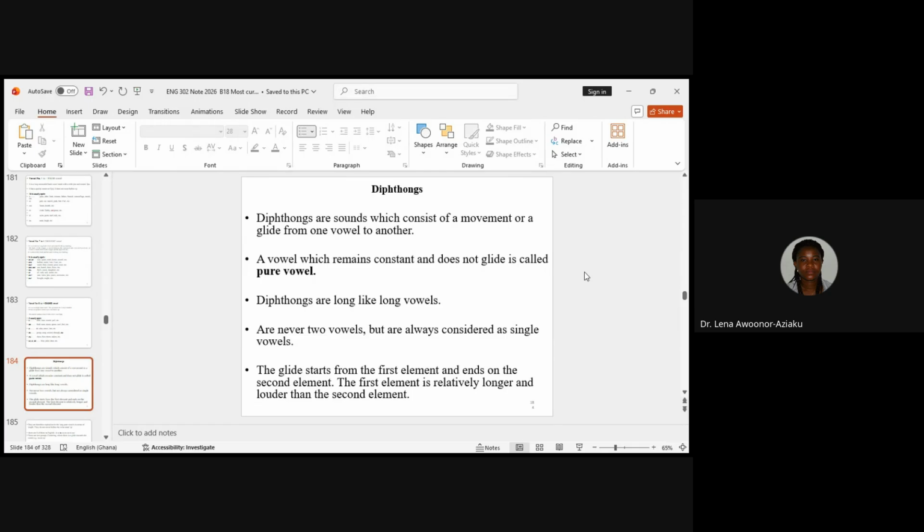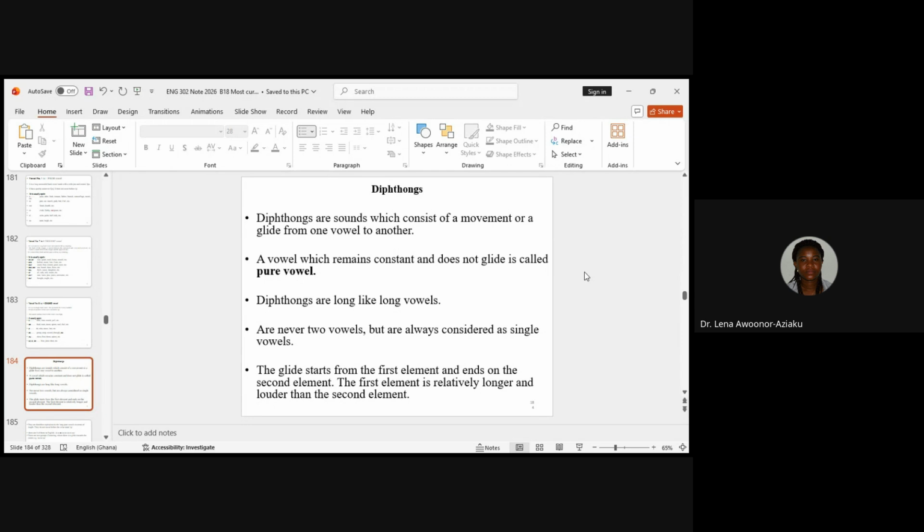They are also long, like the long vowels that we have seen already, and they are never two vowels. In their pronunciation, you start with one and then end on another vowel. But normally the beginning sounds louder and higher in pitch than the end.